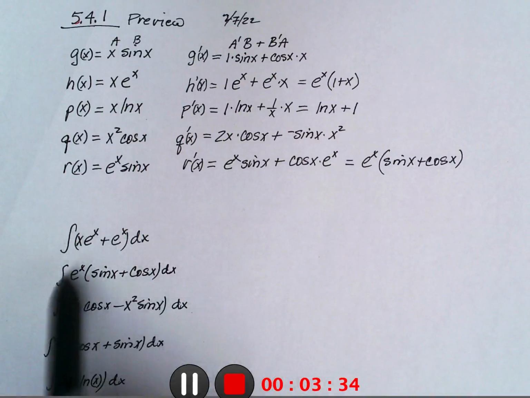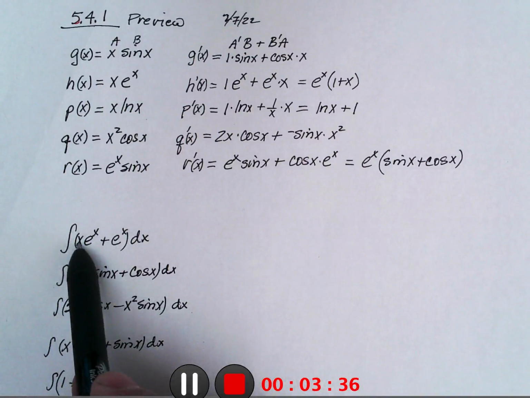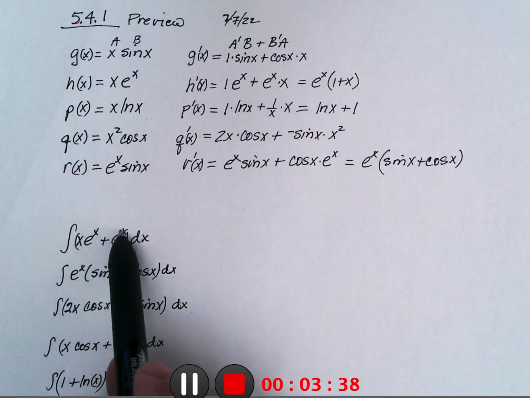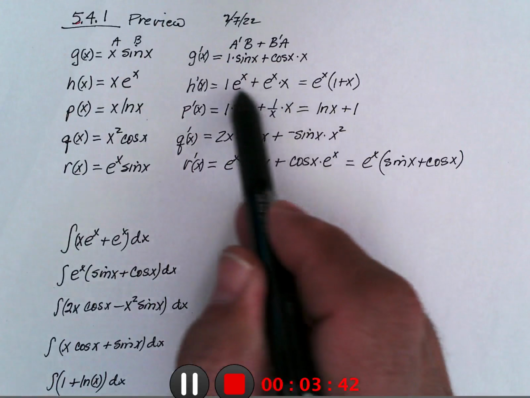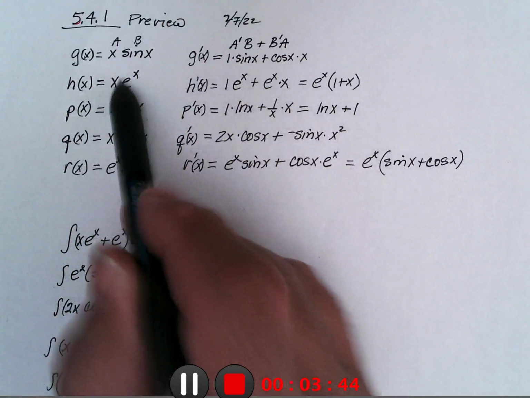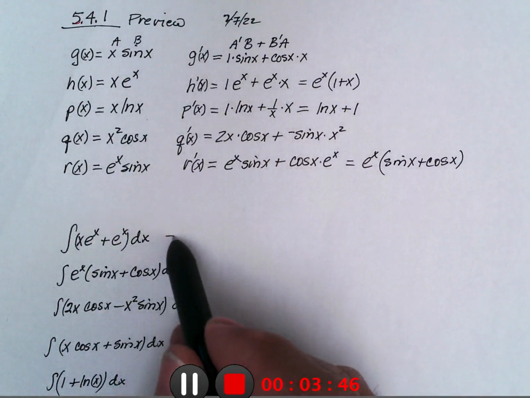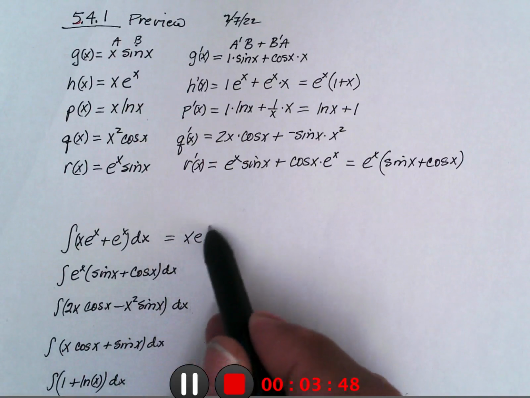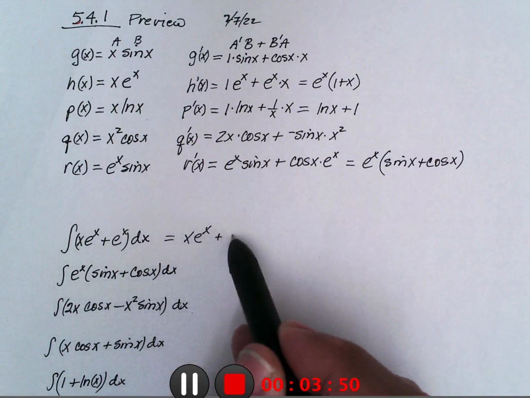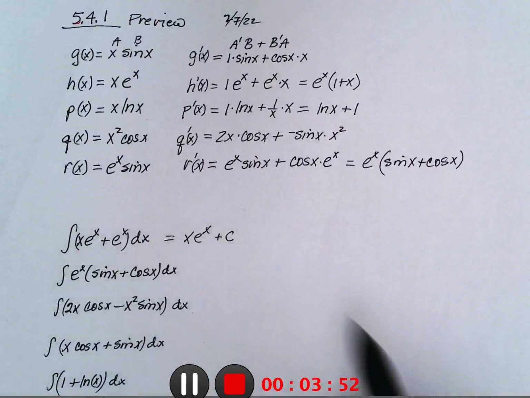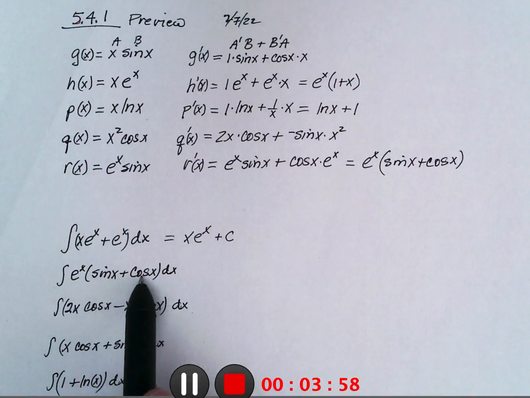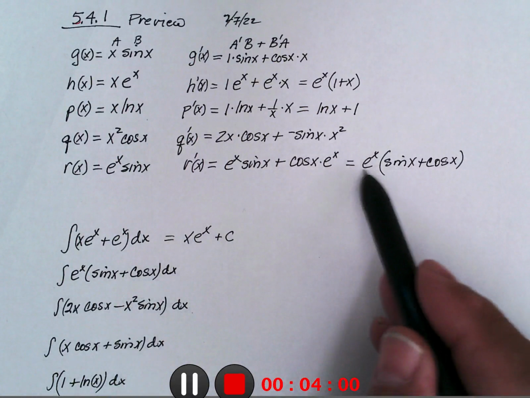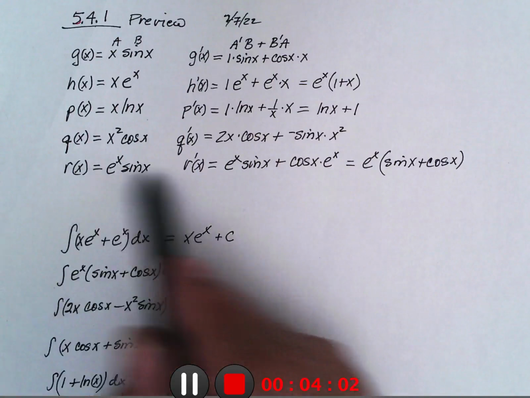So the antiderivative of x e to the x plus e to the x, well, that's what we had right here. So the antiderivative would be x e to the x plus c. And this e to the x times sine x plus cosine x quantity, that looks like what we just did in r, so that's the derivative of that.